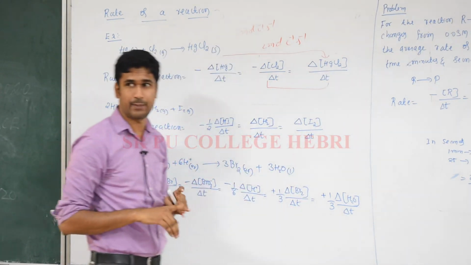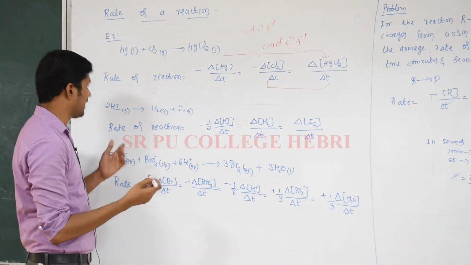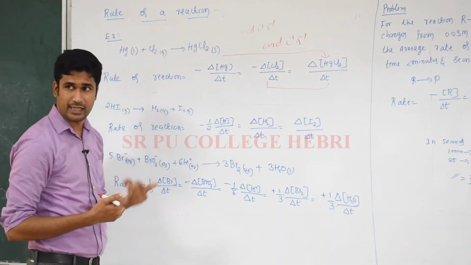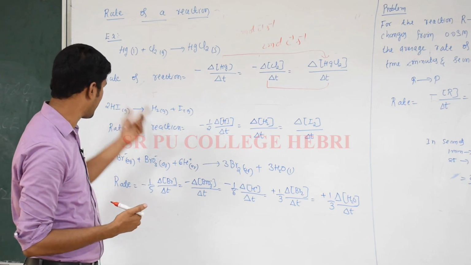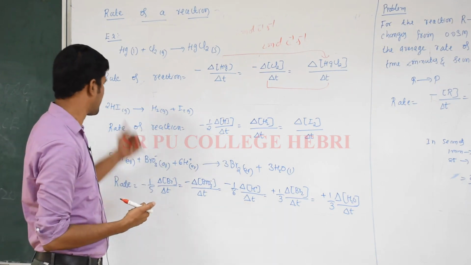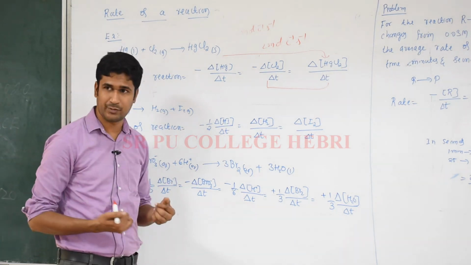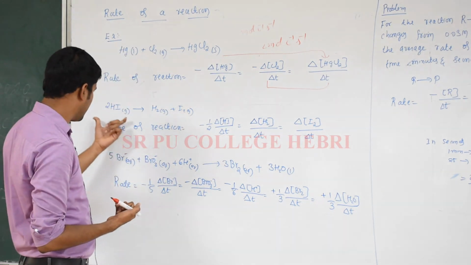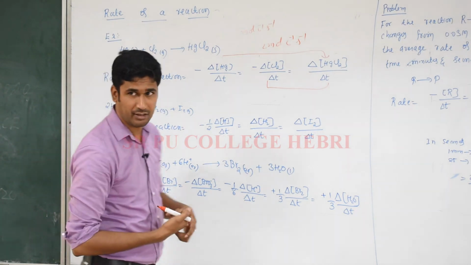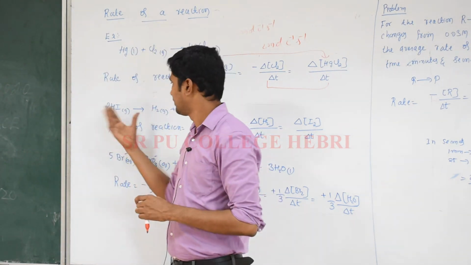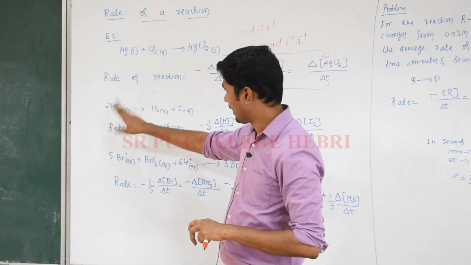This is important, remember. The second reaction is the dissociation of what? Hydrogen iodide. How does it dissociate? 2 moles of hydrogen iodide dissociate into 1 mole of H2 and 1 mole of I2. On the reactant side, we have 2 moles of HI, hydrogen iodide.